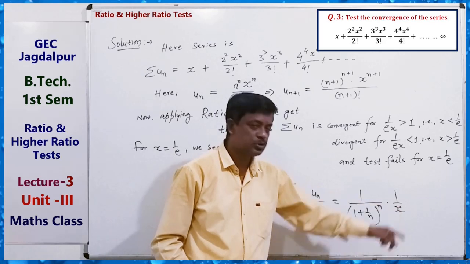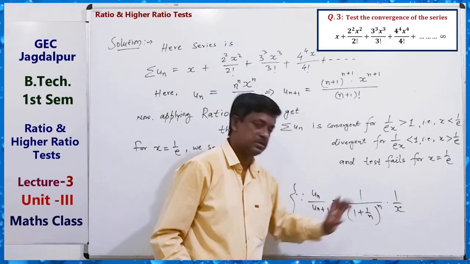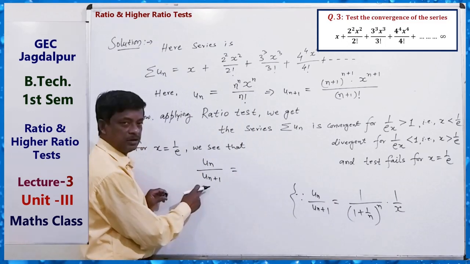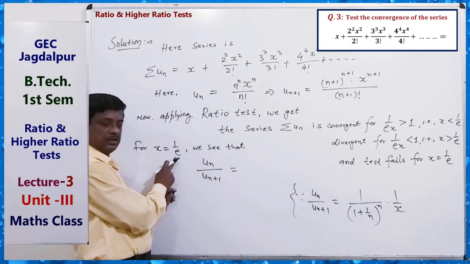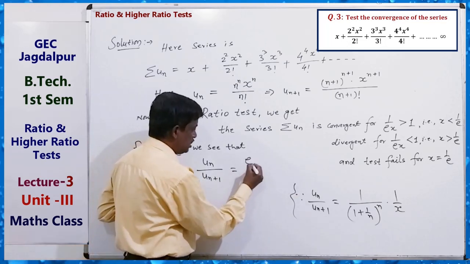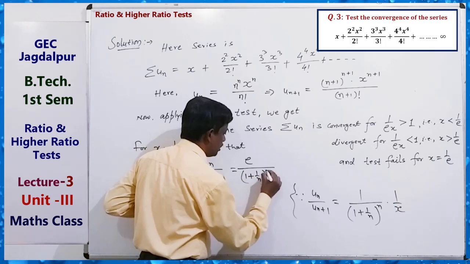So here x equals to what? 1 by e, and 1 by e means e by this. So un upon un plus 1 for x equals to 1 by e is e upon 1 plus 1 upon n power n.